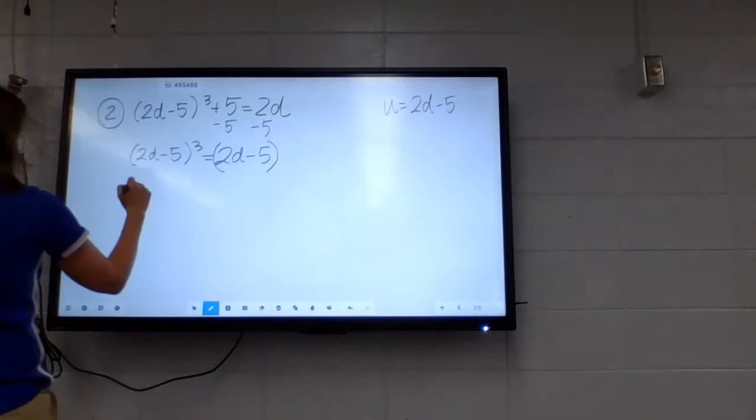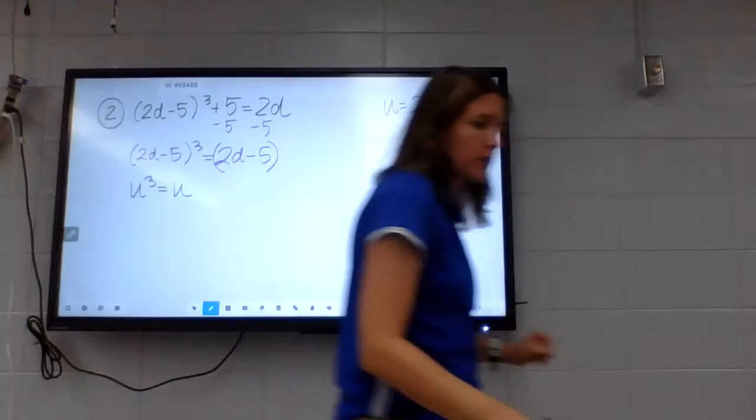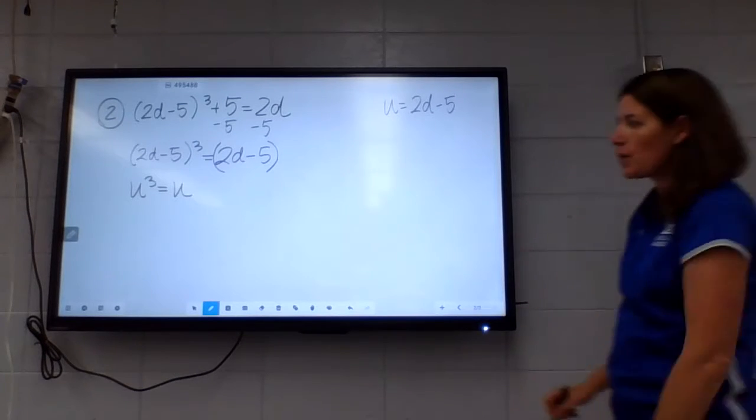So what I'm solving here then is u to the 3rd equals u. So we're going to move everything over to one side.